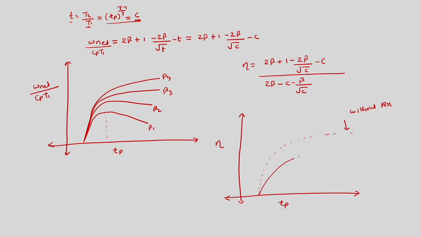So this is the efficiency for beta 1, this is the efficiency for beta 2, and this is how efficiency increases with increase in beta, but at lower betas efficiency is lower than the without reheat cycle.